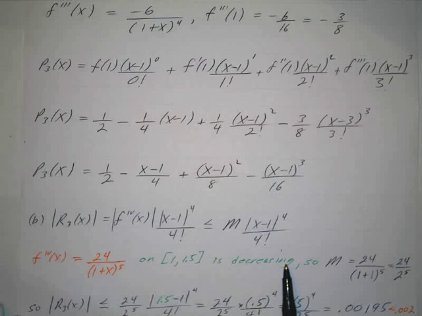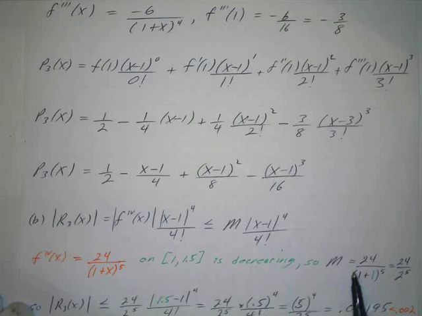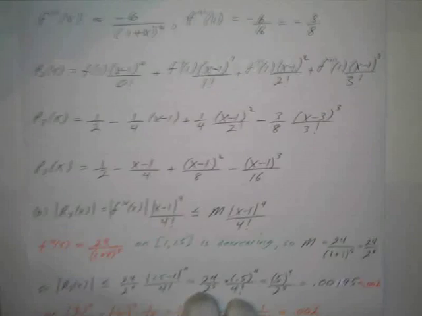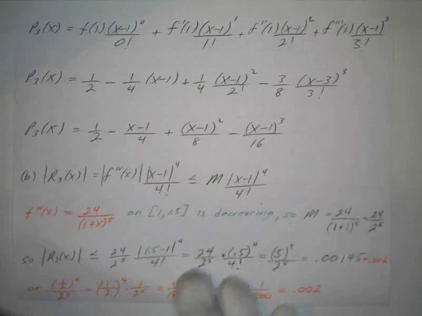That follows that pattern, and on this interval this is decreasing, because as x gets bigger the derivative gets smaller, so my m will be the maximum value, so I can bound that, so that's going to be at 1. If I put 1 in here, I have 24 over 1 plus 1 to the fifth, which is 24 over 2 to the fifth. So that's my m.